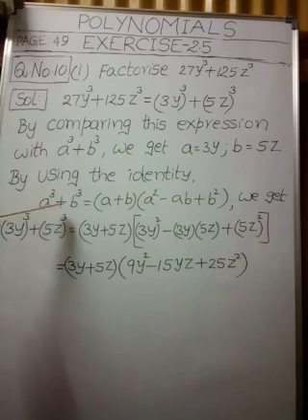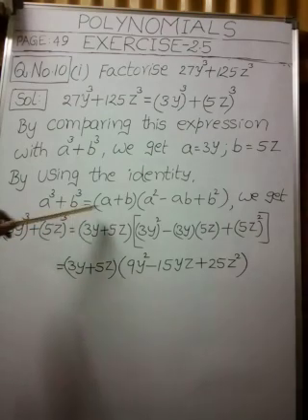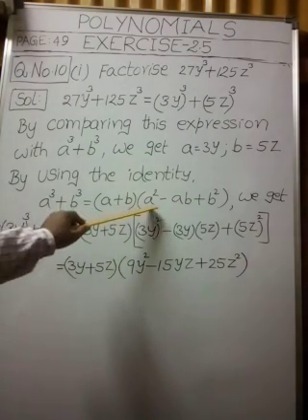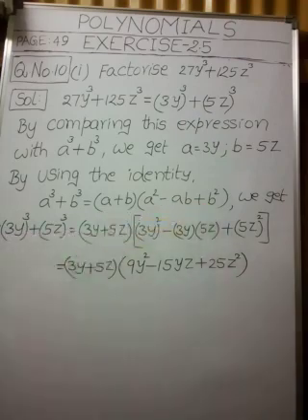Previously I told you this is also one of the algebraic identities, so totally 10. Before starting the exercise, I told you 8 algebraic identities, and in the ninth question there are two formulas, so totally 10 algebraic identities. And one more is also there, we learn it later. So a cube plus b cube is equal to a plus b into a square minus ab plus b square.